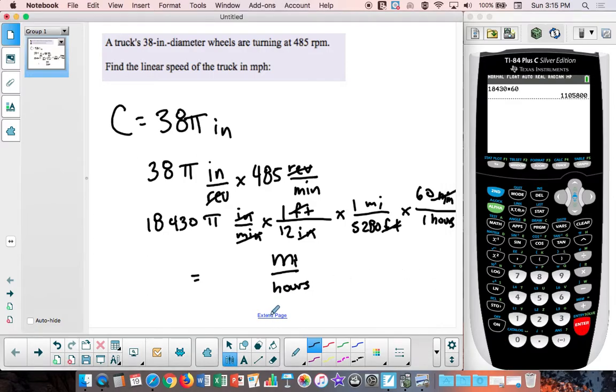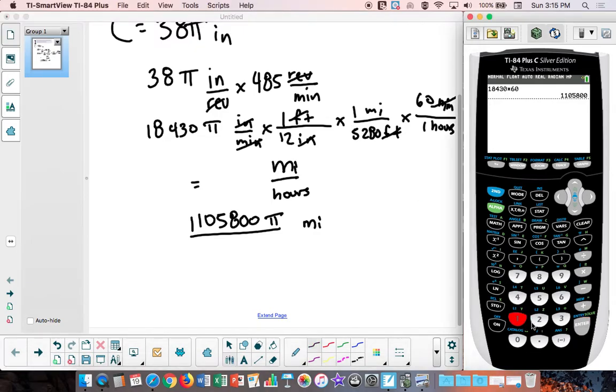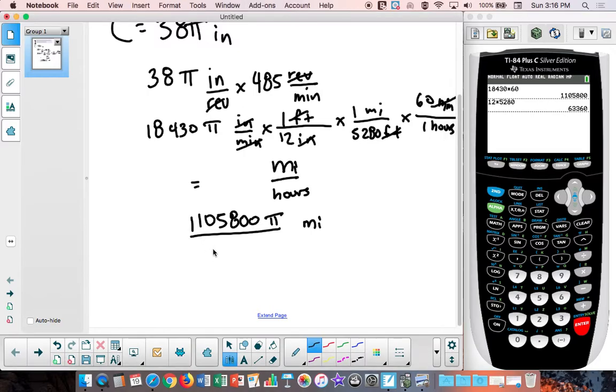So there, tack the pi on because it is in the numerator. And this is miles. And then 12 times 5,280. 63,360.